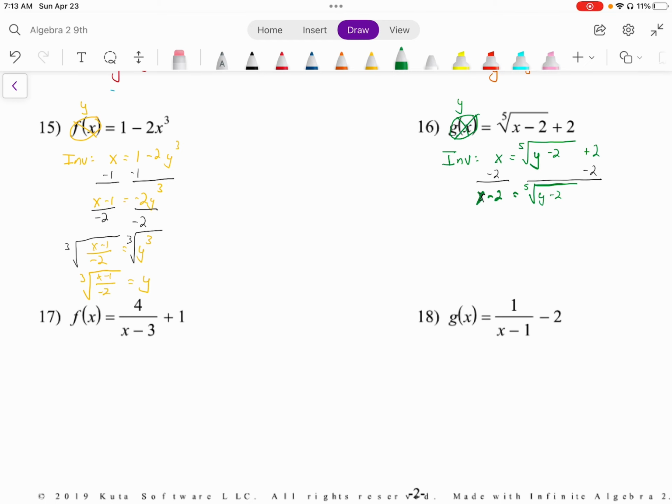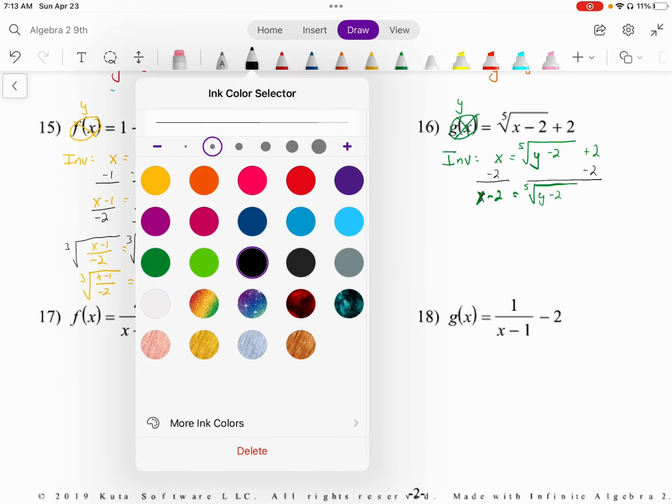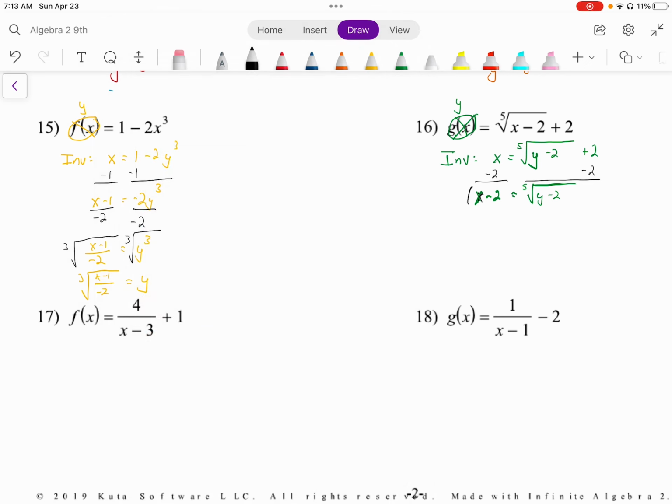Now we want to solve for y, so we have to get rid of this 5th root. So we take both sides to the 5th power. So the 5th root cancels with the 5th power. We are not going to multiply this out. This would be x minus 2 times x minus 2 times x minus 2 times x minus 2 times x minus 2, and that would take us quite a bit of time to multiply out. We're just going to leave it as x minus 2 to the 5th.